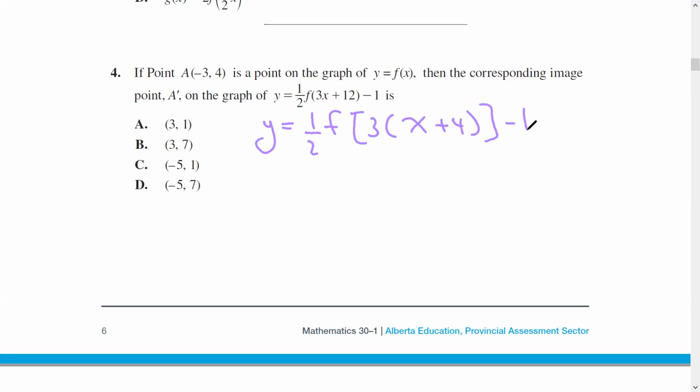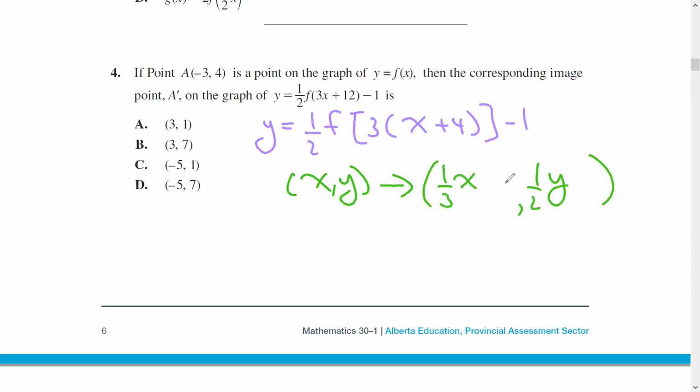So now I'm going to describe the transformations. A vertical stretch by a half, a horizontal stretch by a third, 4 units left, 1 unit down. After I've factored it and described it to myself in my head, I'm going to make my map. So a vertical stretch by a half, a horizontal stretch by a third, because we take the reciprocal, 4 left, 1 down.